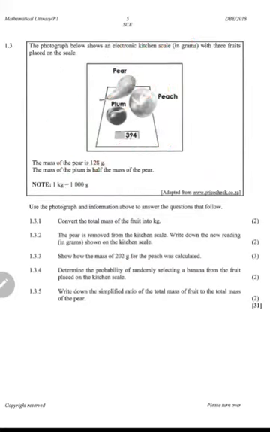Question 1.3.4. Determine the probability of randomly selecting a banana from the fruit placed on the kitchen scale. So let's use a basic formula of probability. It asks me the probability of selecting a banana.